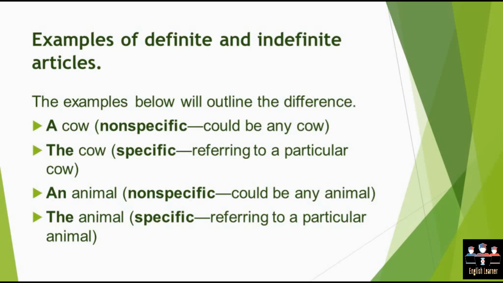Similarly, an animal is going to be a non-specific one because this is indicating any animal. This is not actually specified. Whenever you say the animal, it is going to refer to a specific animal, the particular animal you are talking about.